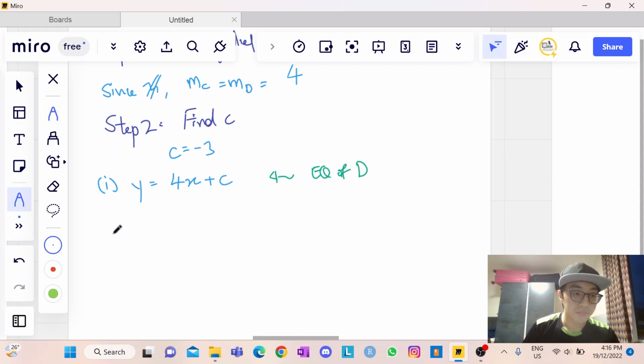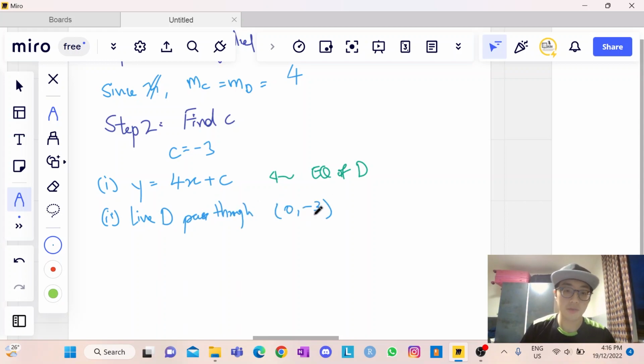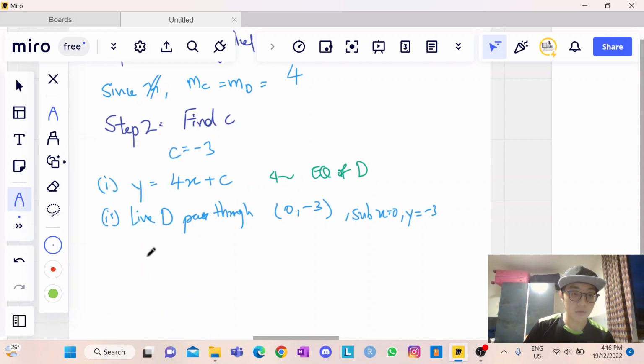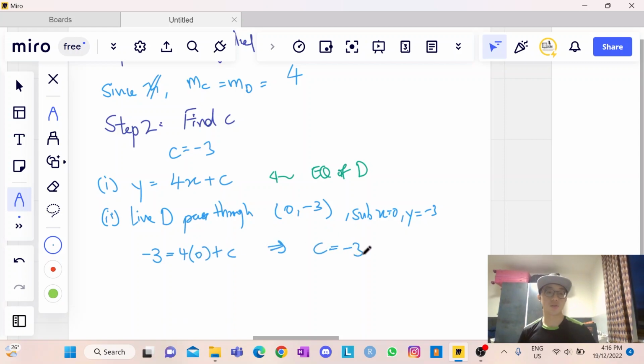Number 2, line D must pass through the point 0 and negative 3, which means sub x equals 0, y equals negative 3 into the equation. So you will get negative 3 equals 4 times 0 plus c, which gives you the same answer, c equals negative 3.